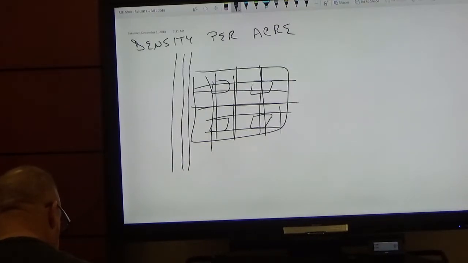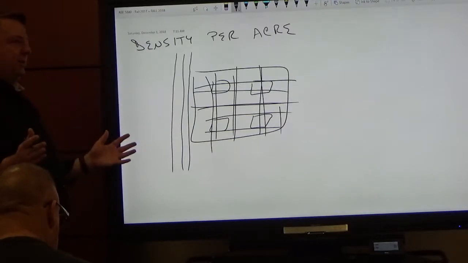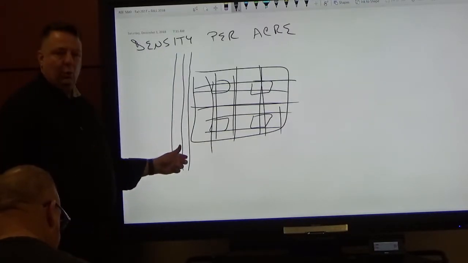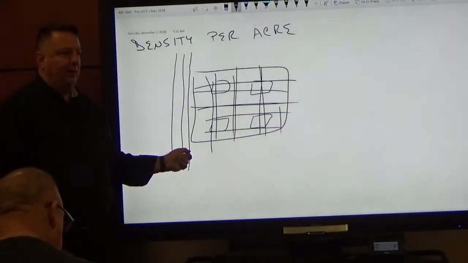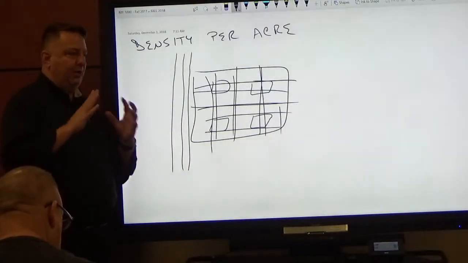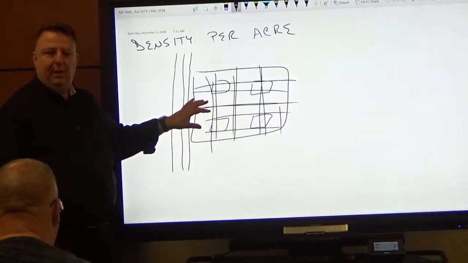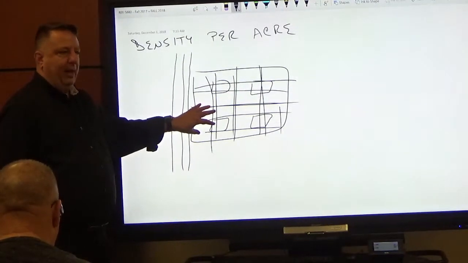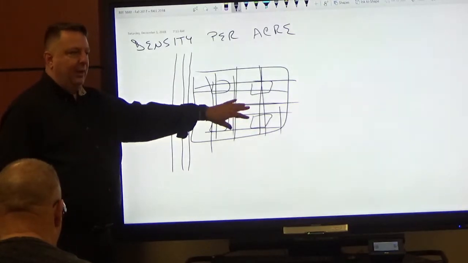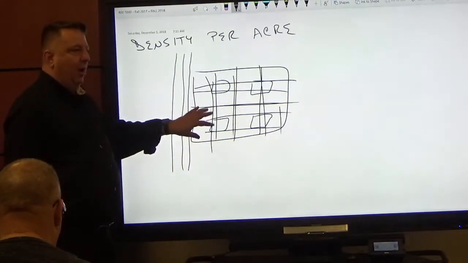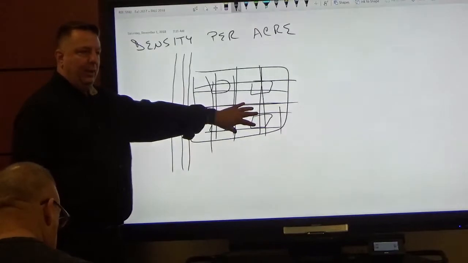But if they didn't really think about the infrastructure aspect of it, you get in the process of building all those units and then you realize, oops, we don't have enough water. The water lines aren't big enough to support that many units. The sewer lines aren't big enough. The power distribution lines aren't big enough to support that level of density.